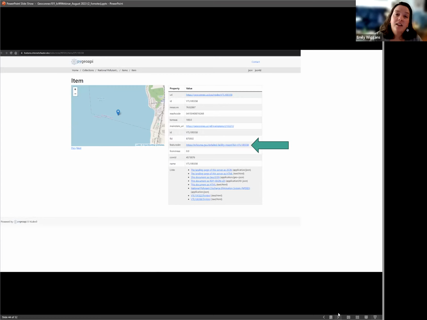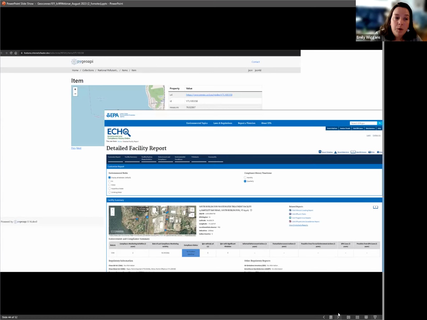Again, trying to illustrate how all of these things are linked back to their original source. If we click this link, which corresponds to feature details, we can pull up the page for the EPA site that this point is related to, get things like safe drinking water reports or whatever the pollutant discharge report may have for that location.